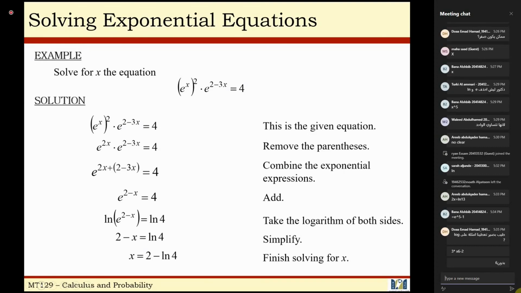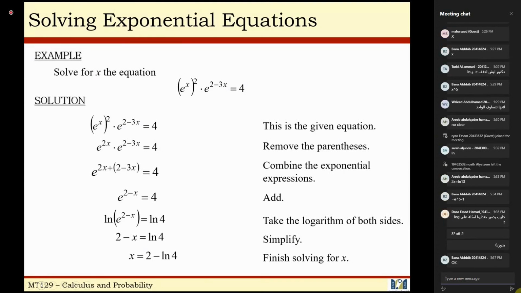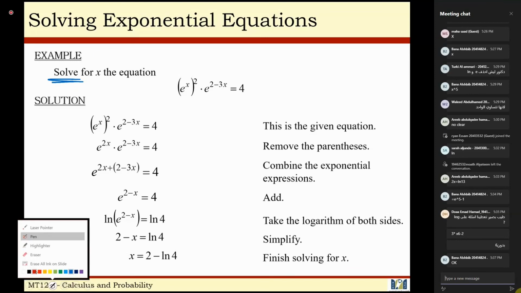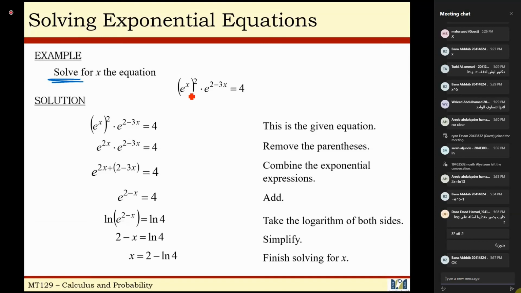Look at this equation. In this equation we have exponential e to the power x, and we need to solve it. What's the meaning of solve it? Solve it and find the value of x. Look at this. We have e here and here.